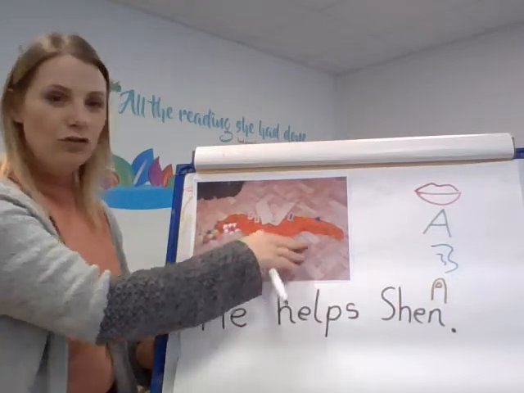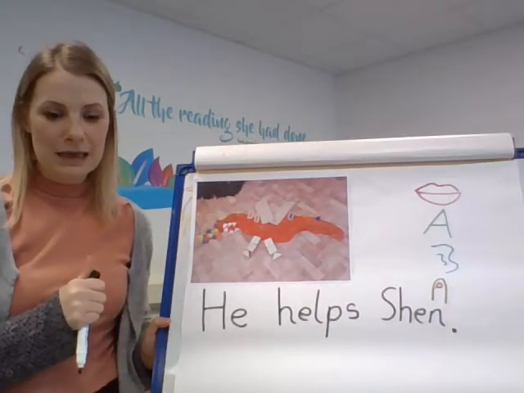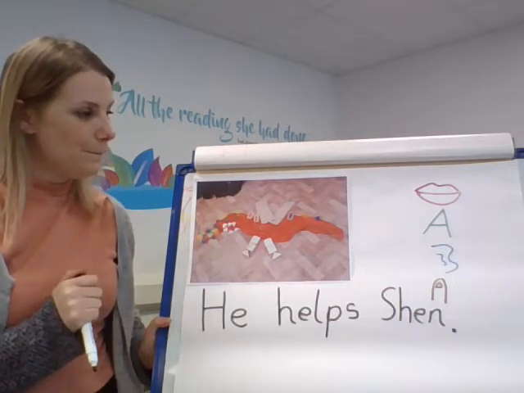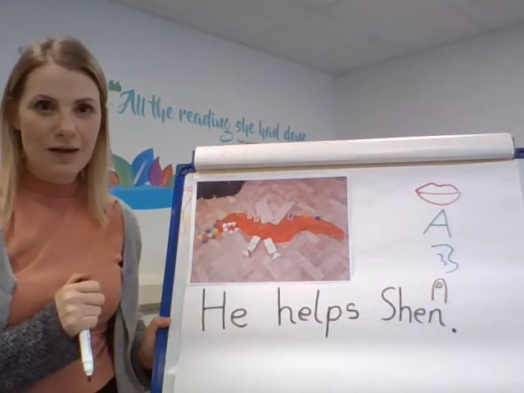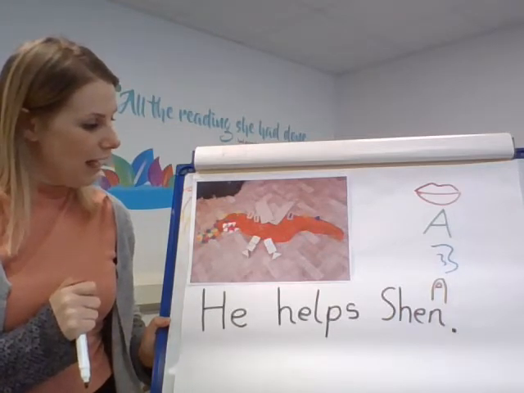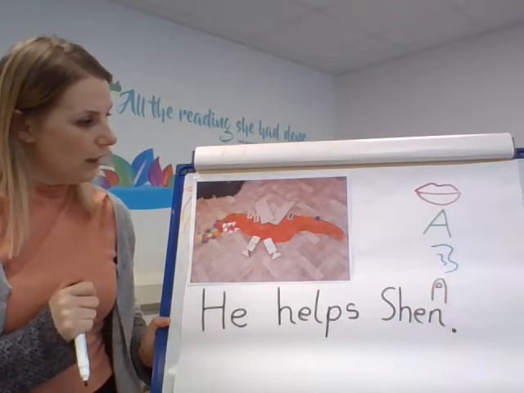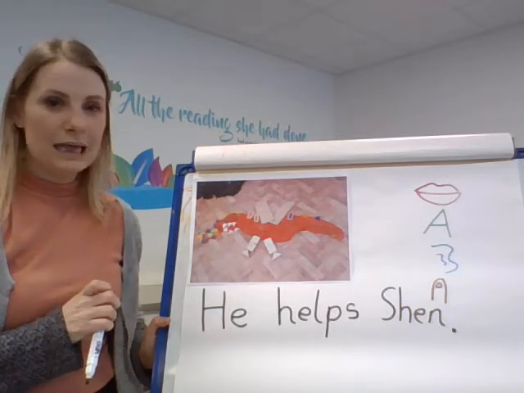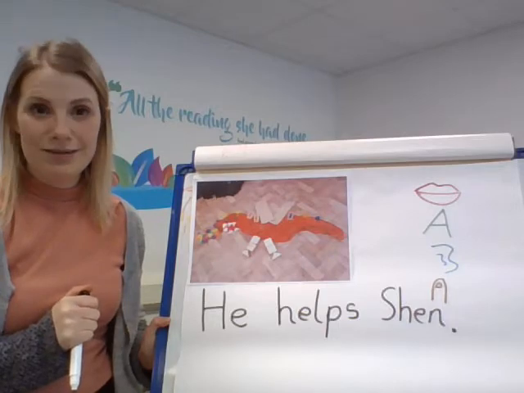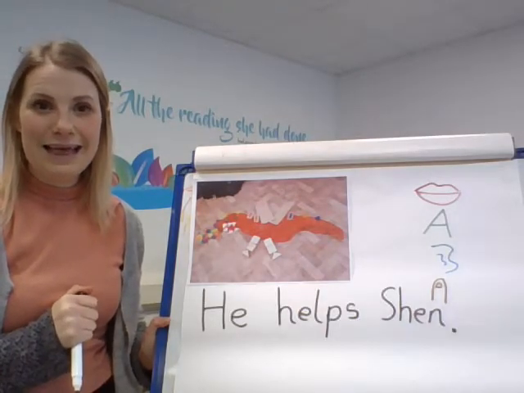Now, I've talked about his personality. This time, I'm going to talk about his colour. So I'm going to say, or let me see, what can I say? I'm going to say, he is red. He is red.